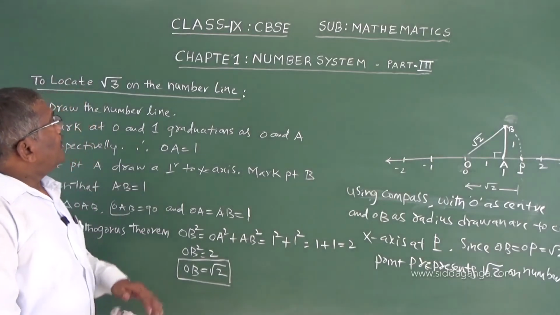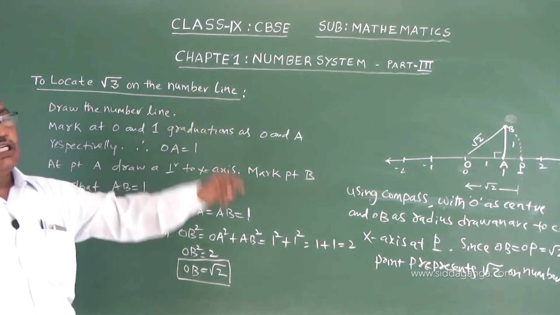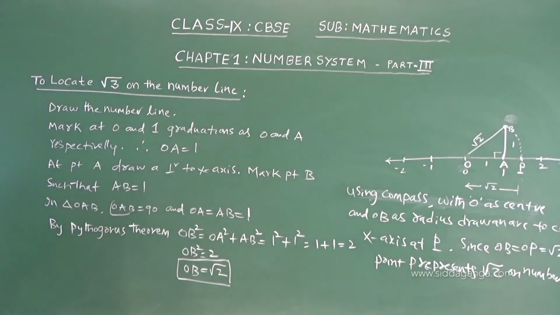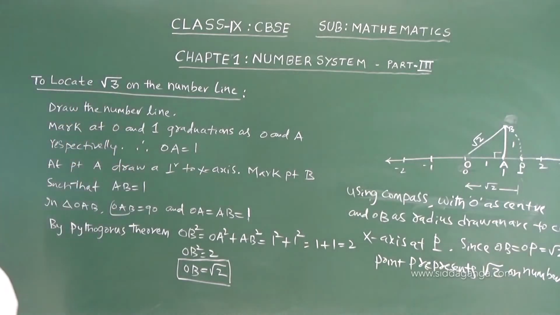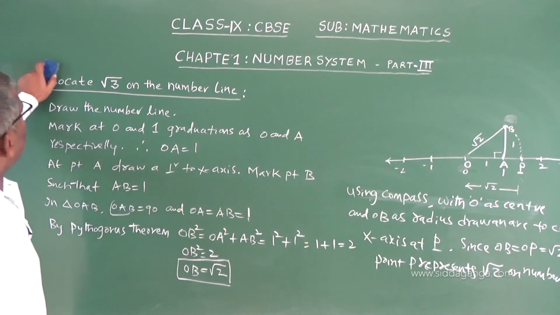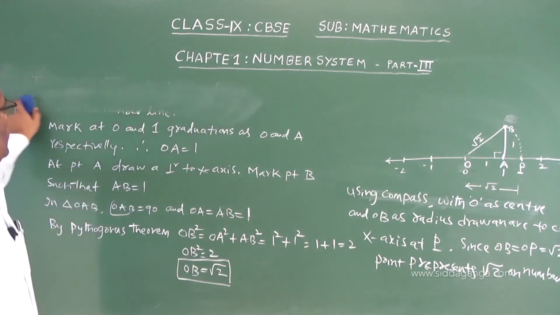So here our aim is to mark root 3. So we have to continue the procedure a little further and mark root 3. So for this I will erase this to continue my writing.